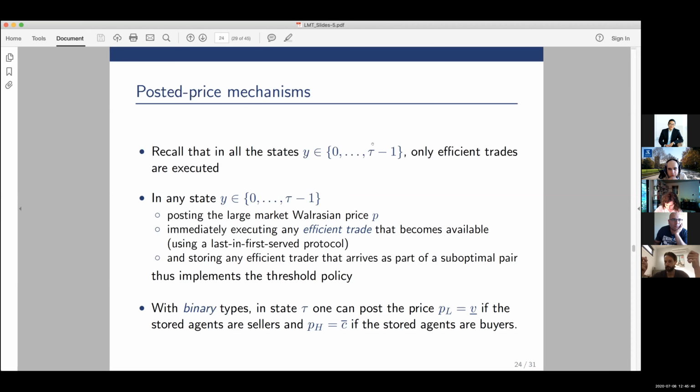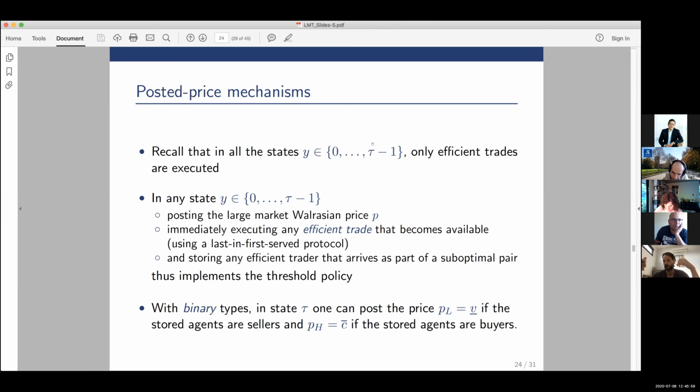If the order book is empty and an efficient buyer and seller arrive, they're given the choice to trade. They can say yes or no. If they both say yes, they trade. If one of them says no, he's going to be rejected, and you store the other one.